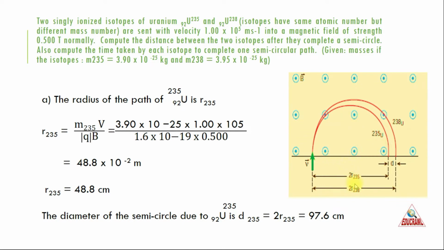Now we have found for uranium-235. Similarly, we have to find for uranium-238. After that, we have to find the distance between the two diameters. That will give you the distance between the two isotopes. So if you see the diagram, small d is the distance between the radius of 235.